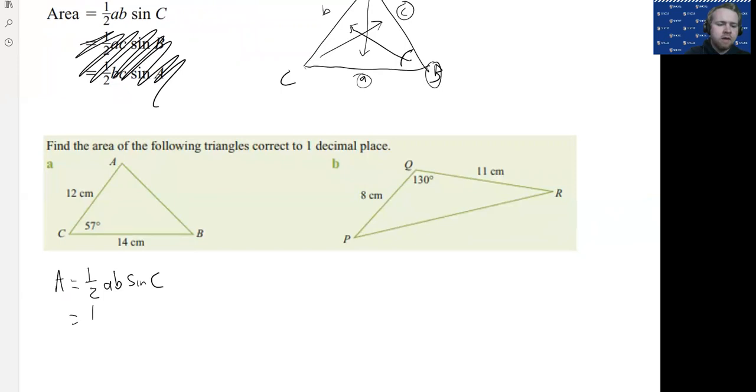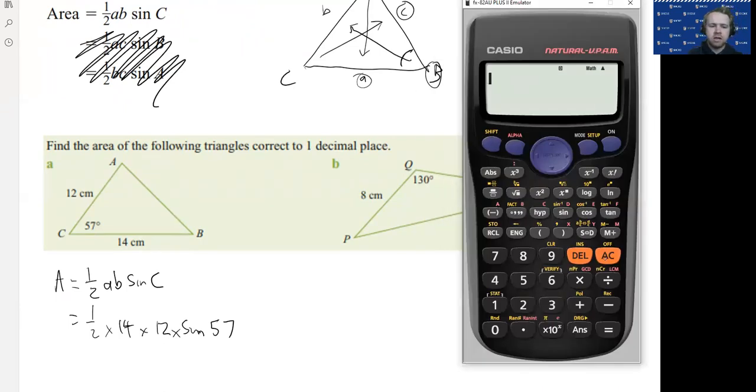It's going to be half times, and in this case we're going to call the bottom one 14 because it's opposite capital A. But the order that you do 14 times 12 or 12 times 14 doesn't make a difference in the end. B will be 12, and then C is 57 degrees, so it's times sine of 57. And we pop that in our calculator.